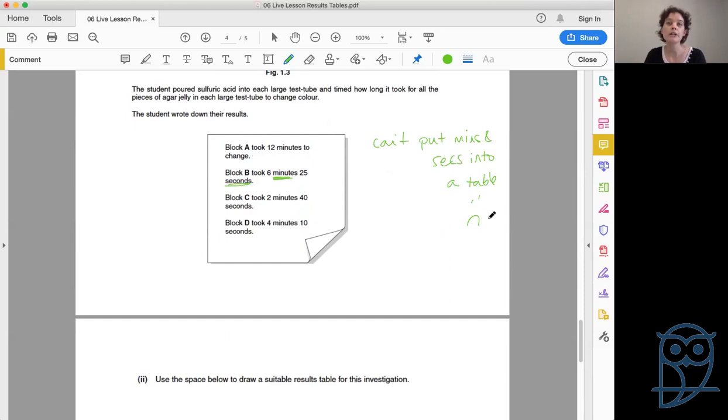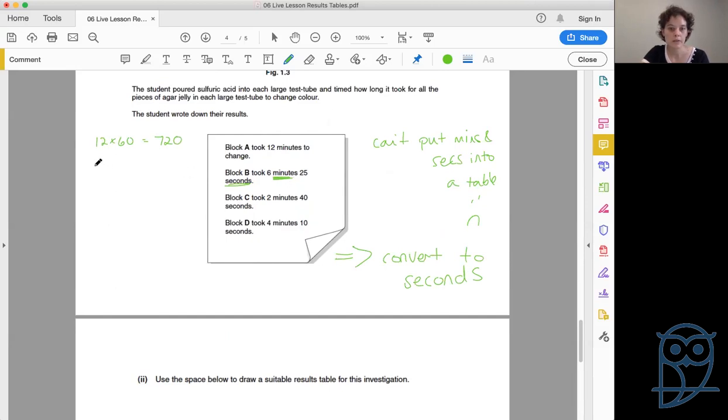Okay, we can't put 6, 4. I mean, what's our header going to be? How are we going to say that's the minutes, that's the seconds? So we must convert everything to seconds. So block A, 12 times 60 equals 720.